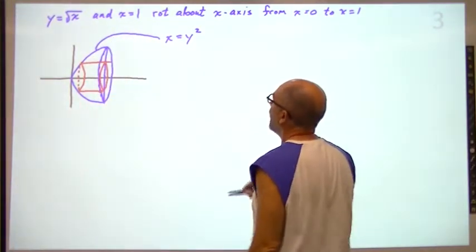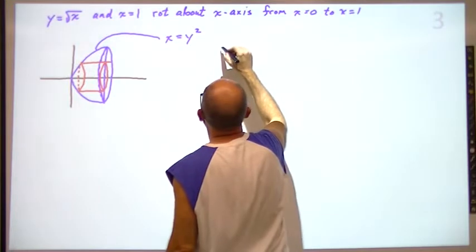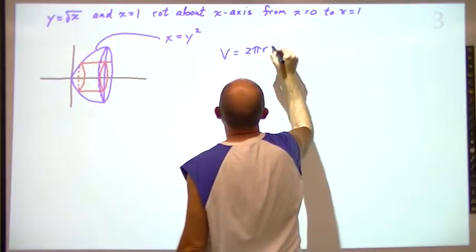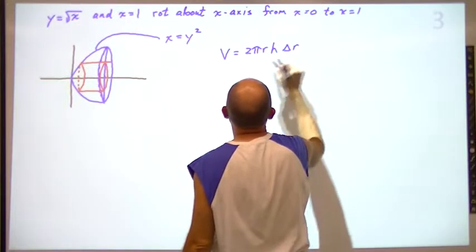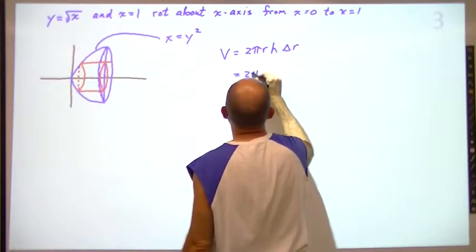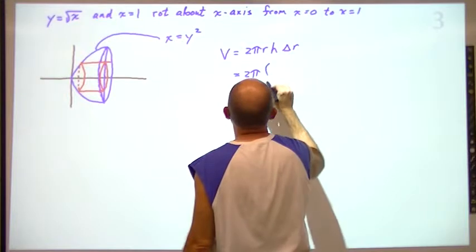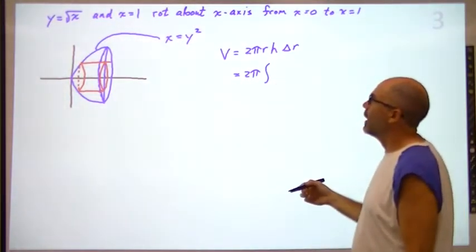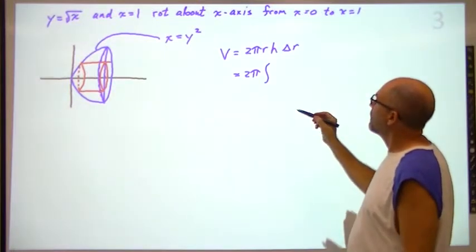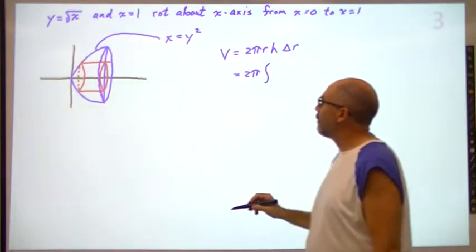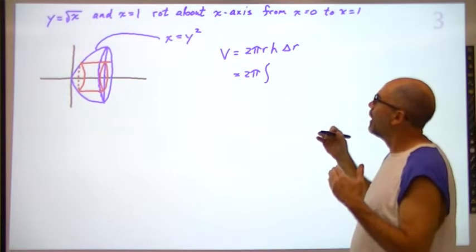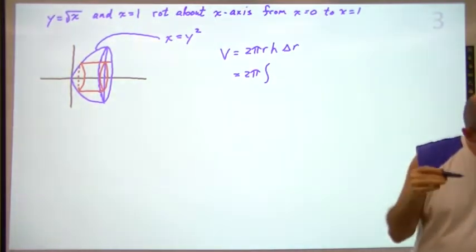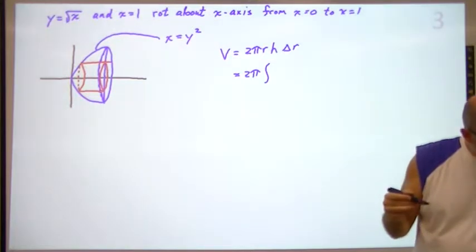So now the volume, 2 pi r h delta r, is equal to 2 pi times the integral from what to what? Well, remember, we have a function of y, so we have to be going from a y value to a y value. So it's going to be from y equals 0 to y equals 1.